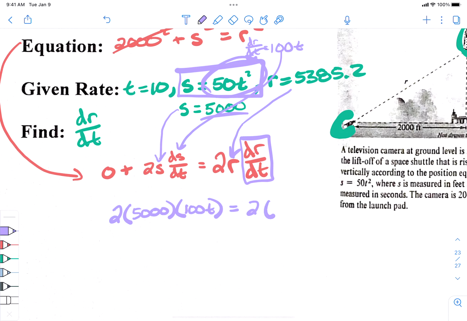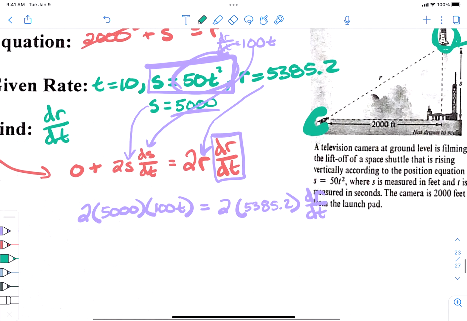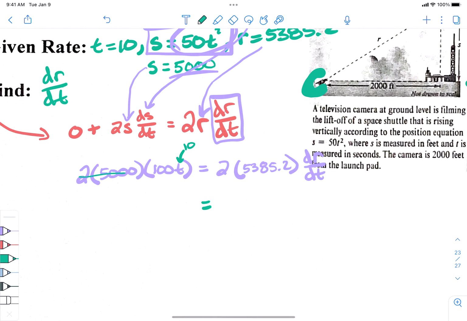equals 2 times R, that's the yucky stuff, and then we have dr dt. One more thing that we have to plug in: t is 10. Okay? And then we are done plugging things in. We could have just plugged in 5,000 instead of making it 100t.